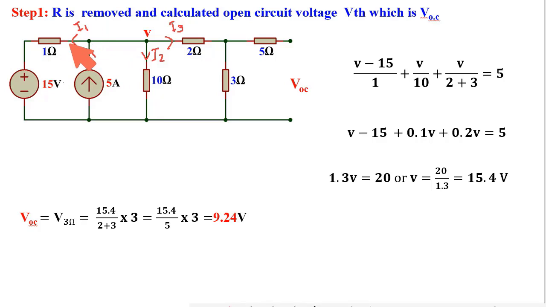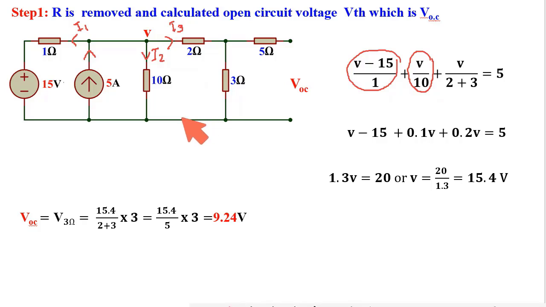So first, what is I1? I1 is the current flowing through this 1 ohm resistance. Potential at this point is V, so (V minus this 15 volt) divided by 1 ohm is I1. Next, what is I2? I2 is V by 10 ohm, since this is ground. What is I3?